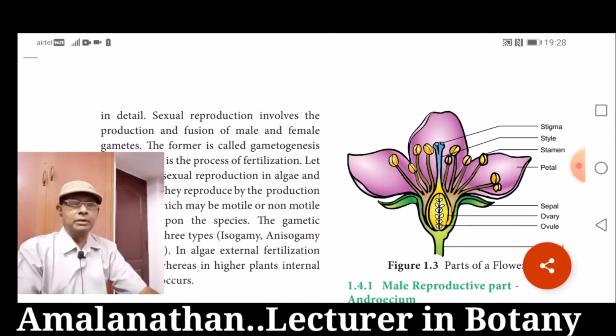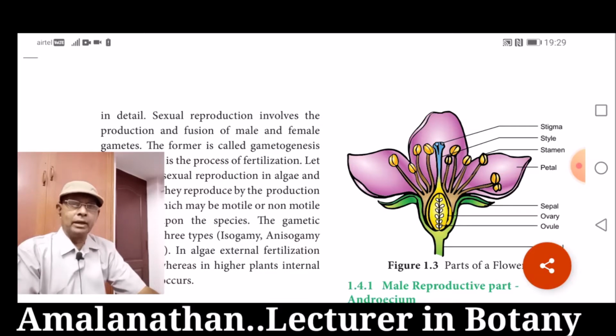Whereas androecium and gynoecium are considered as the essential parts of a flower because both are directly involved in the sexual reproduction. Androecium is the male reproductive part of a flower and gynoecium is the female reproductive part of a flower.